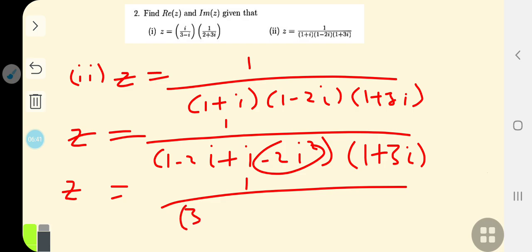So I'm going to have 3 there. Then negative 2i plus i, I'm just going to have minus i. And this will be multiplying with 1 plus 3i, just like that.